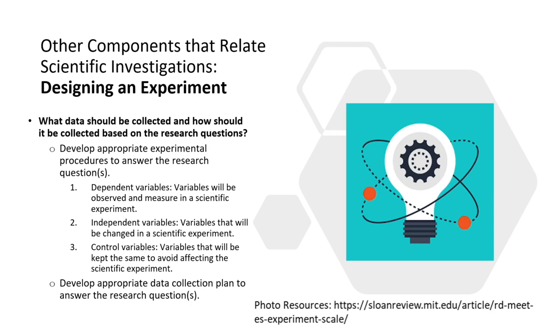Independent variables are variables that will be changed in a scientific experiment. Control variables are variables that will be kept the same to avoid affecting the scientific experiment. Besides developing an appropriate experimental procedure to answer the research question, a student also needs to develop an appropriate data collection plan to answer the research questions.